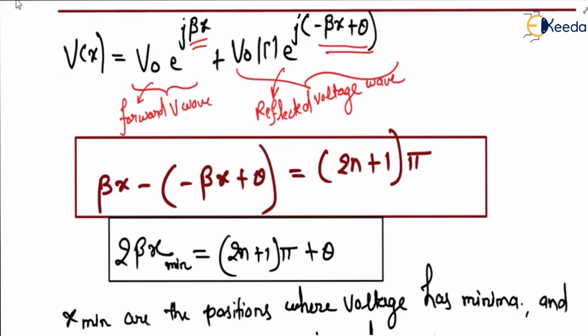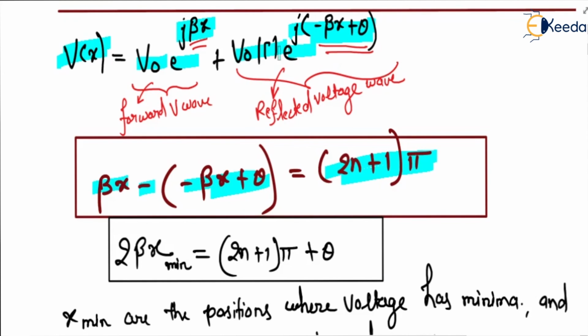Now we found out the positions where maxima will occur; now we find where minima will occur. So voltage Vx is V naught e to the power j beta x plus V naught mod gamma e to the power j minus of (beta x plus theta). So beta x minus of (minus beta x plus theta) is equal to (2n plus 1) pi, an odd multiple of pi.